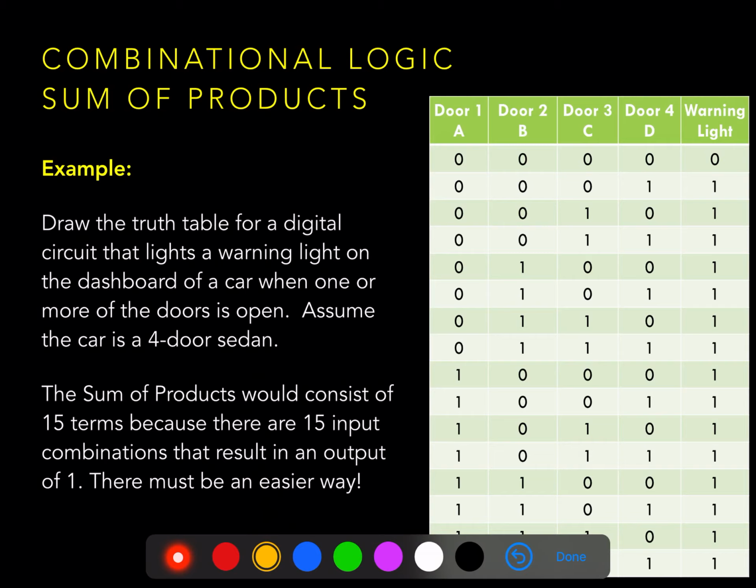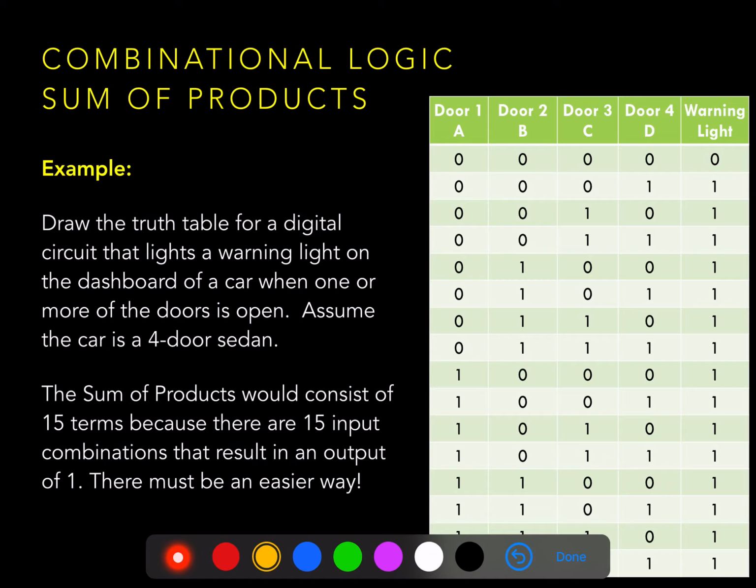Let's look at a word problem. We'd like to find an expression for the warning light in the dashboard of a car that turns on, or becomes a 1, when one or more of the doors is open. In this truth table, we've expressed the function of the warning light for a 4-door sedan.